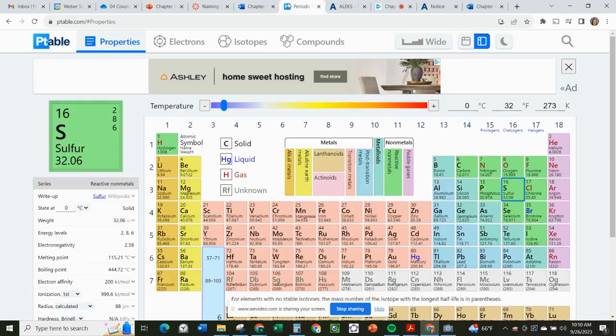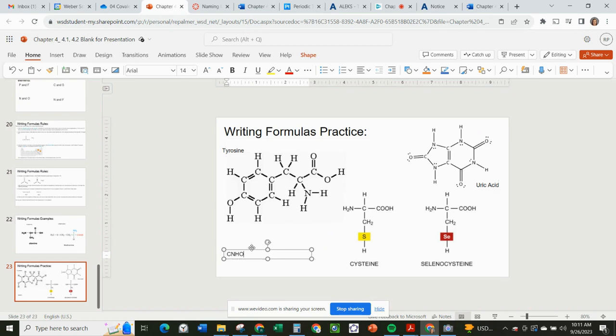I can just write that out. I've got C, and H fits between nitrogen and oxygen, O. And then I just count them up. So 1, 2, 3, 4, 5, 6, 7, 8, 9. Okay, I think I have 9 carbons.